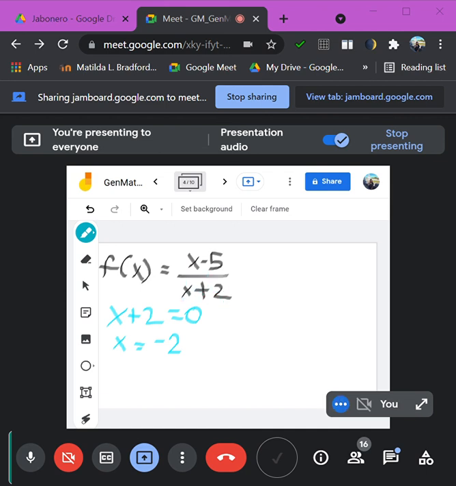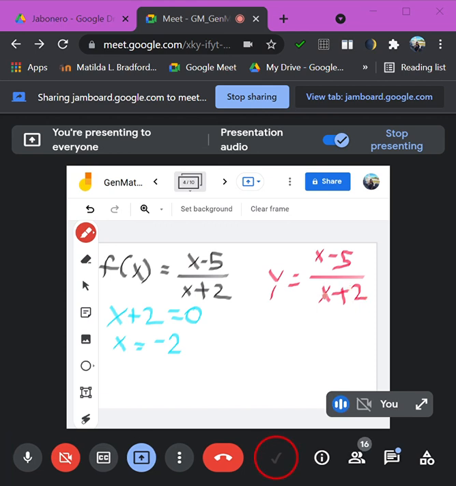Now, next we are going to get the range. To get the range, we need to get the inverse first. So for the inverse, y is equal to x minus 5 over x plus 2.